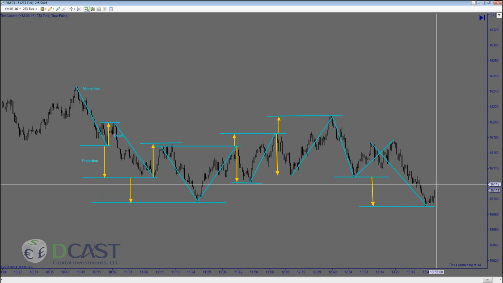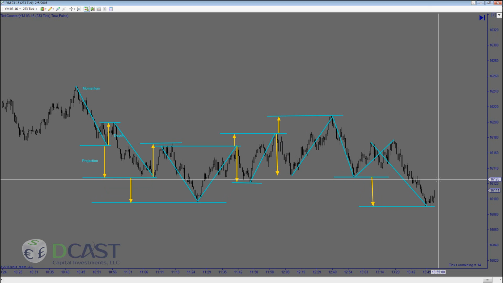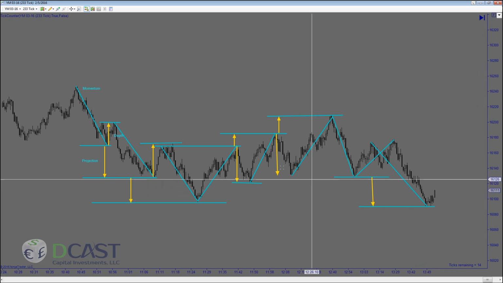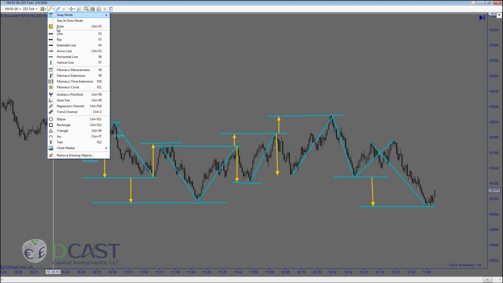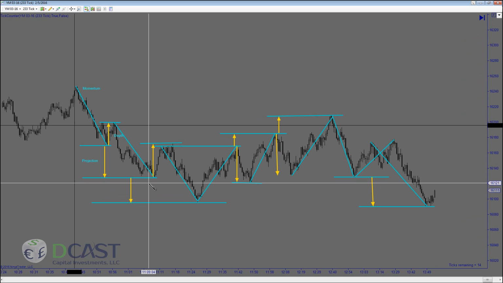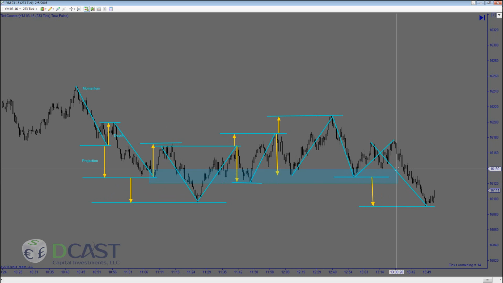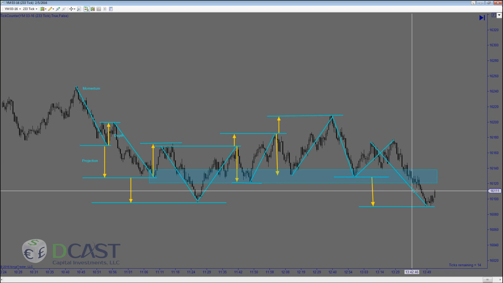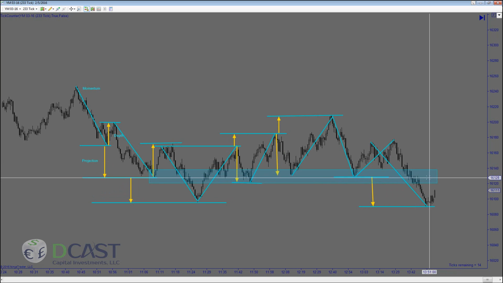Okay, so now that we have an expectation of a not so great correction, we can position ourselves looking at the structure in that area, and we have a lot of structure in this general area. Okay, and I would expect price to stay somewhere in this cube.